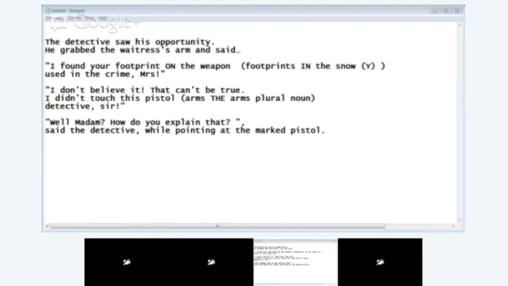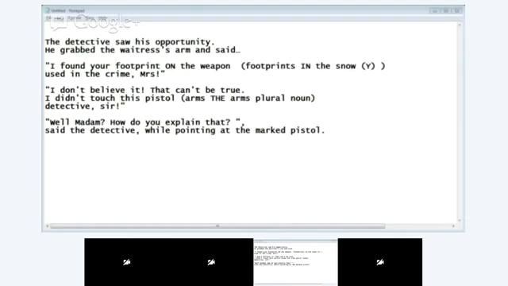Explain the marked pistol. Yeah, that was perfect that time. So we have some lessons and practice sometimes with these ed endings, and after a k sound, it becomes t, like marked pistol, touched. So touched is not right. It's touched. I have not touched it.